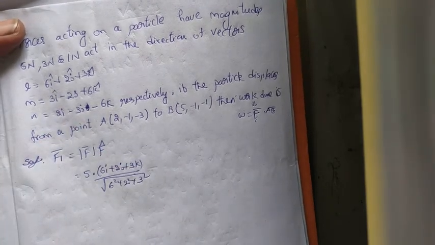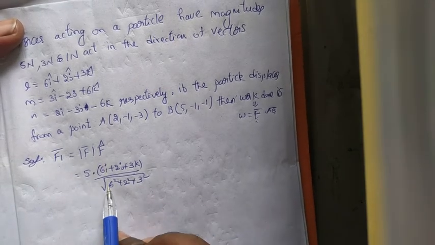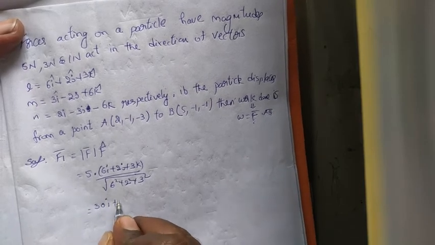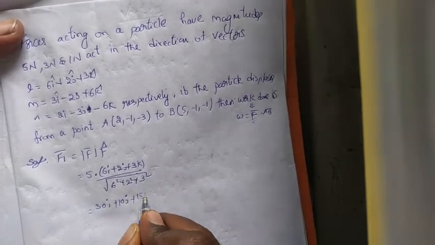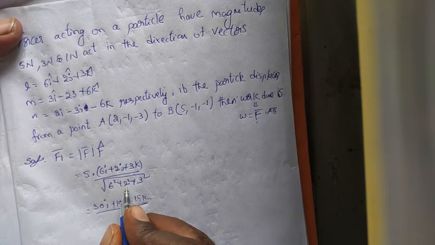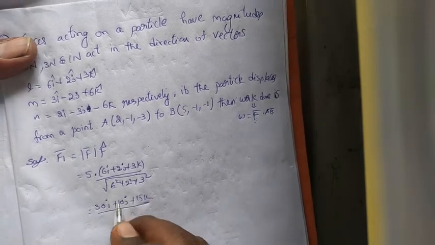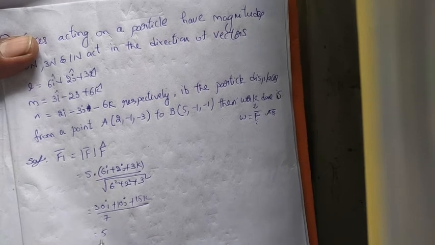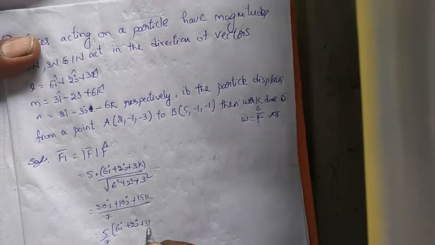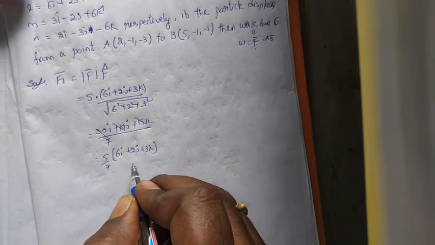You already know that the unit vector of F bar is nothing but F bar by magnitude of F. See here, 5 6s are 30i plus 10j plus 15k by, so 36 plus 4 is 40, 40 plus 9 is 49, root 49 is 7. So better to take 5 separately, 6i plus 2j plus 3k for easy calculation. So root 49, what do we get?